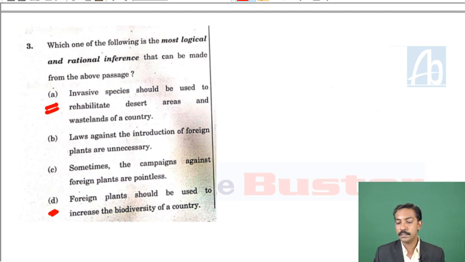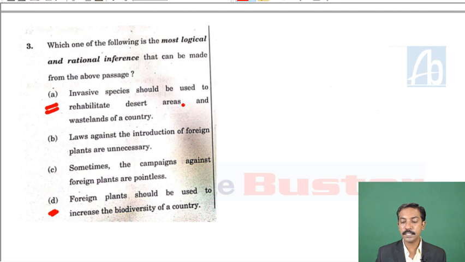The third sentence of the passage says the arrival of new species almost always increases biological diversity in a region. That may lend support to option D. And when you read the last sentence, you may find support for option A. But since the question asks to identify the most logical and rational inference, you have to consider the first sentence.